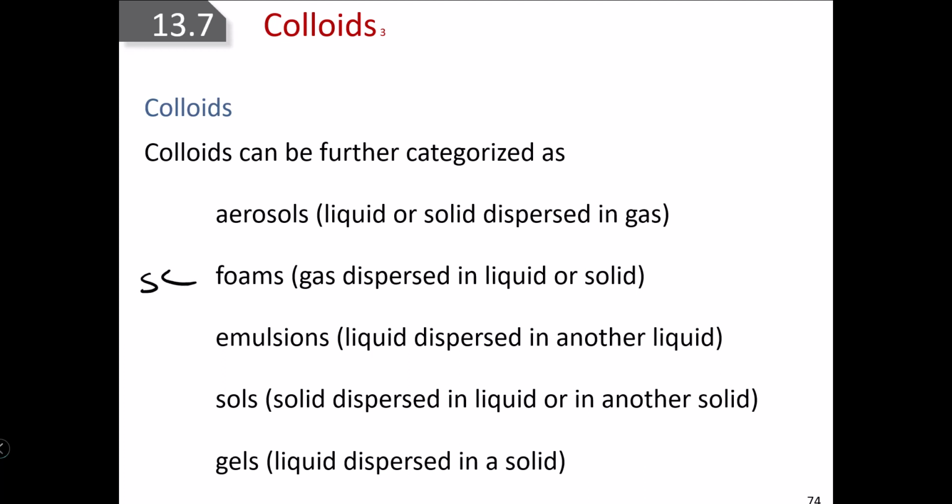Emulsions, think mayonnaise, liquid dispersed in another liquid, eggs dispersed in oil. Sols, solids dispersed in liquid or another solid. And then gels, liquid dispersed in a solid. So you've got some kind of solid, maybe, and then you've got these suspended liquids in here. So think of a contact lens, something like that.